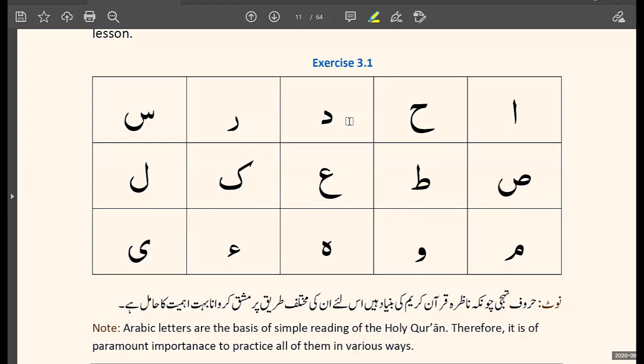It's a thin letter. Dal. Yes. Ain. Good. Well done. Ha. Yes. It's a blunt letter. Not sharp. As we said, this ha.